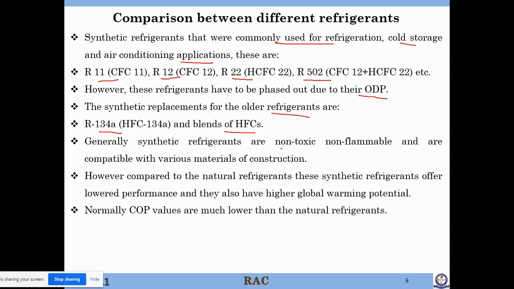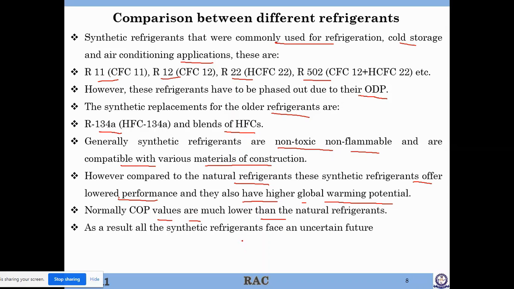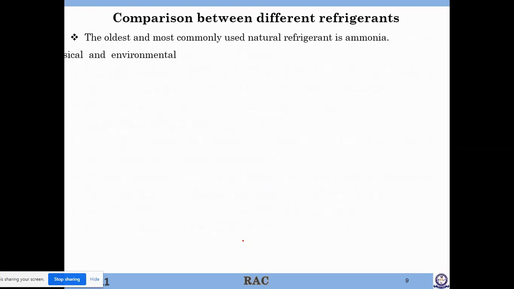Generally, synthetic refrigerants are non-toxic, non-flammable, and compatible with various materials of construction. However, compared to natural refrigerants, these synthetic refrigerants offer lower performance and they also have higher global warming potential. So normally COP values are much lower than the natural refrigerants for synthetic refrigerants. As a result, all synthetic refrigerants face an uncertain future.